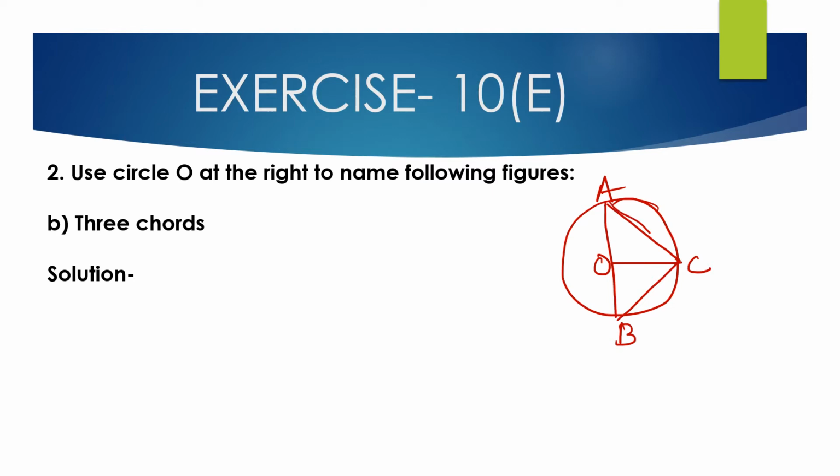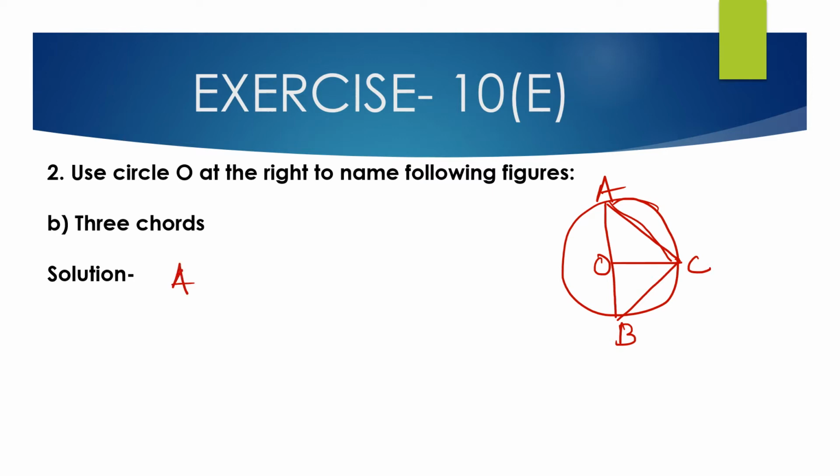A and C are points on the circle, so AC is a chord. B and C are also points on the circle, so BC is also a chord. And A and B are also points on the circle, so AB is also a chord. AB is the largest chord, that is the diameter of a circle. Diameter is the largest chord in a circle.